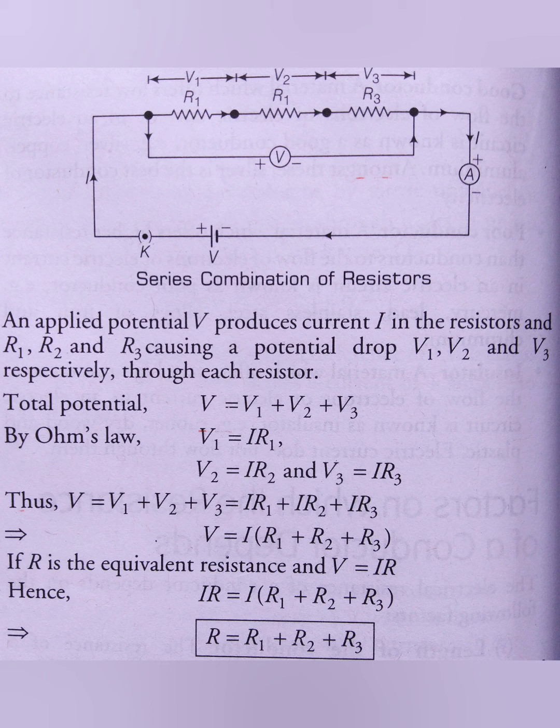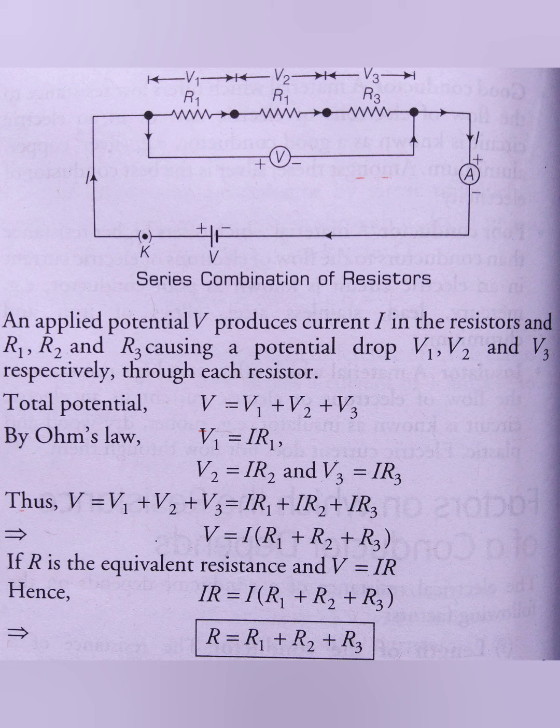If capital R is the equivalent resistance of the series combination of resistors R1, R2 and R3, we have from Ohm's law V is equal to I into R. And from the combination of the equations we have got till now, we can arrive at an equation which says that I into R is equal to I into R1 plus R2 plus R3.